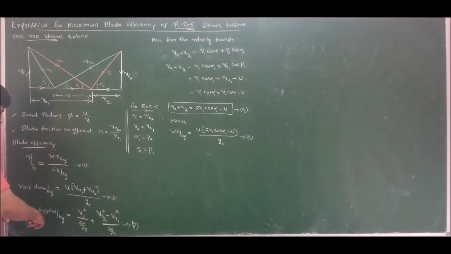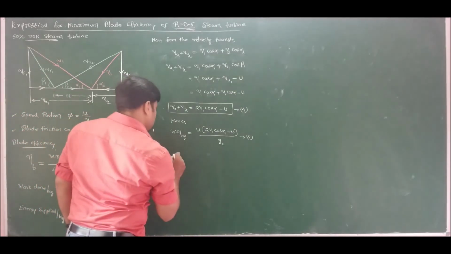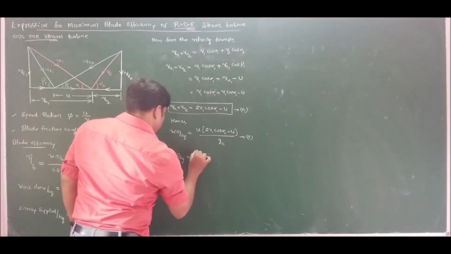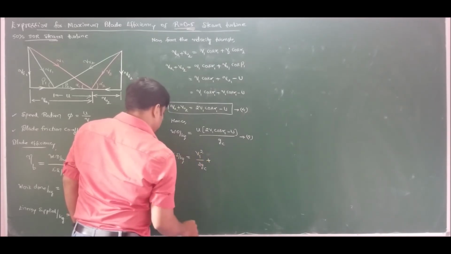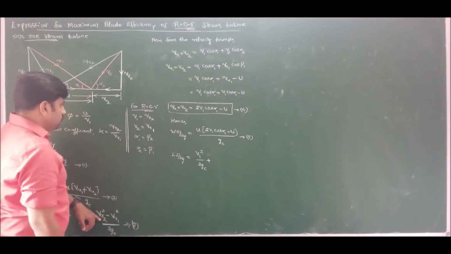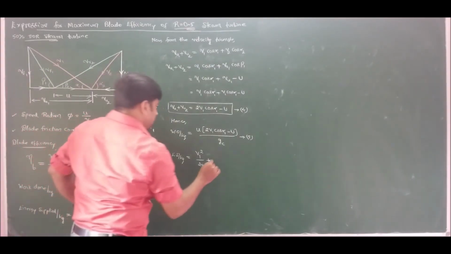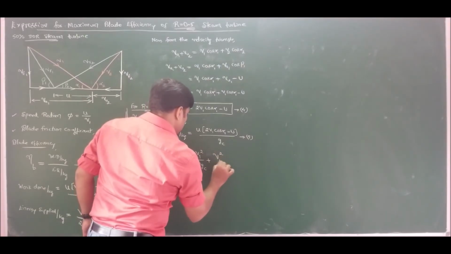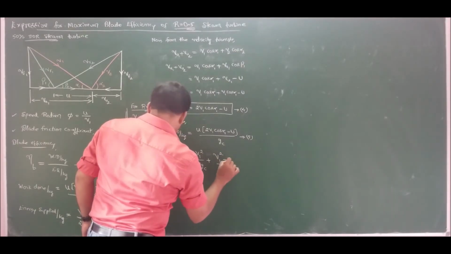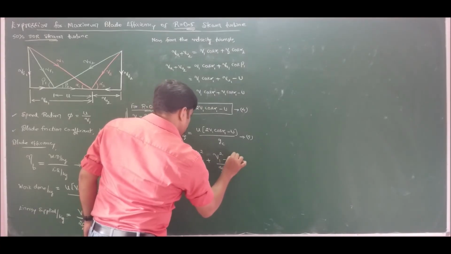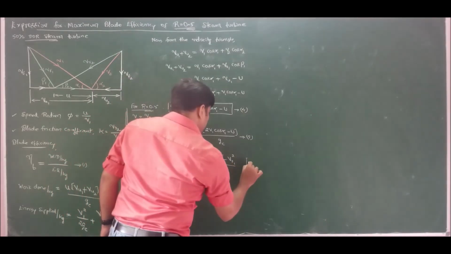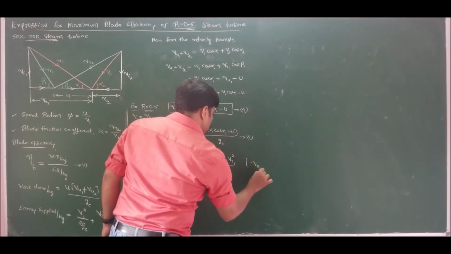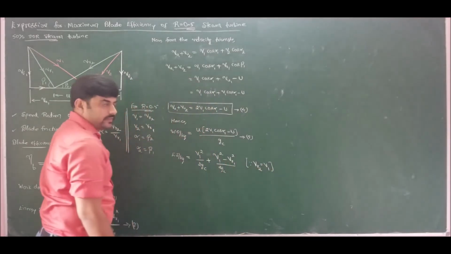Similarly, express energy supplied per kg in terms of U, V1 and alpha 1. I can write it as V1 square by 2gc plus VR2 square minus VR1 square. VR2 should be equal to V1 again, so it becomes V1 square minus VR1 square, because VR2 is equal to V1 for R equal to 50%.